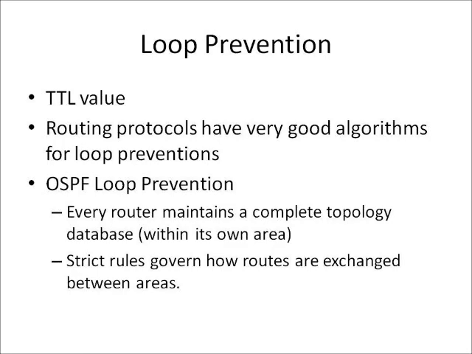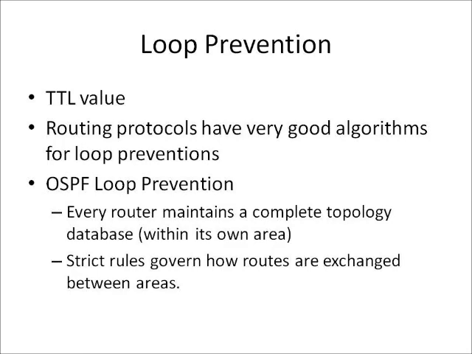So the rule for IP is that every time a router forwards a packet, it will decrement the TTL down one number. And essentially, if a router receives a packet that has a TTL of 0, it will not forward that packet at all and will dump it in the bit bucket.